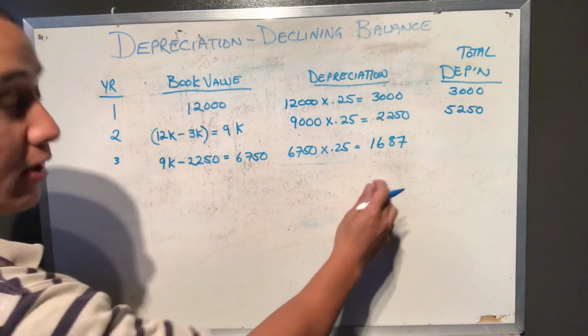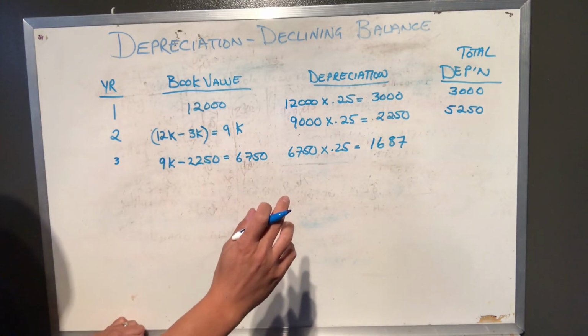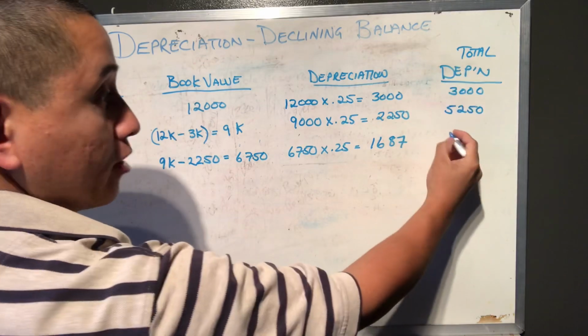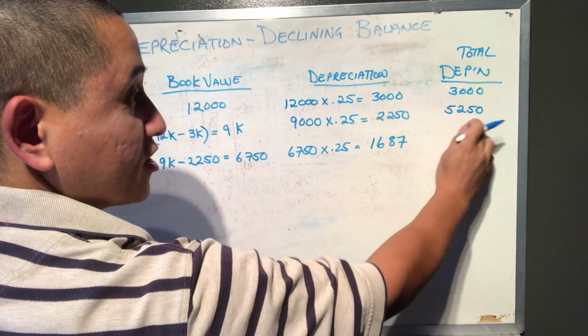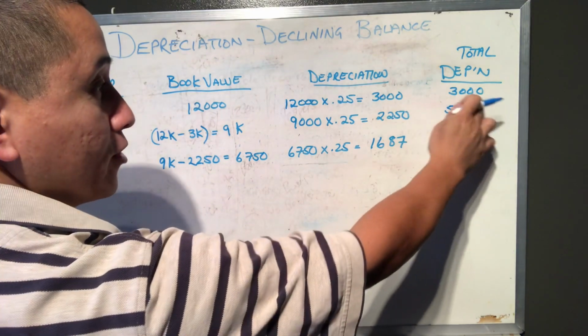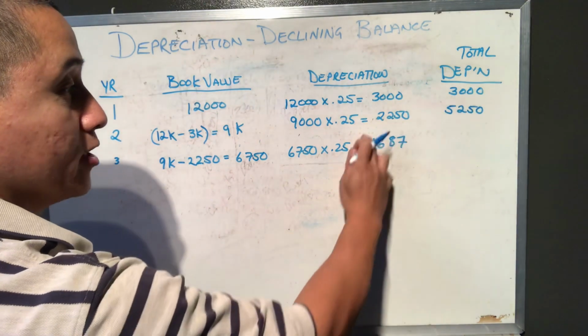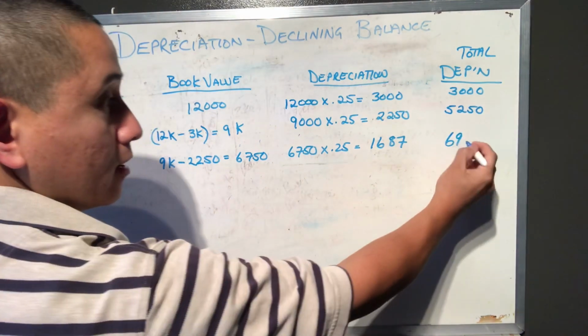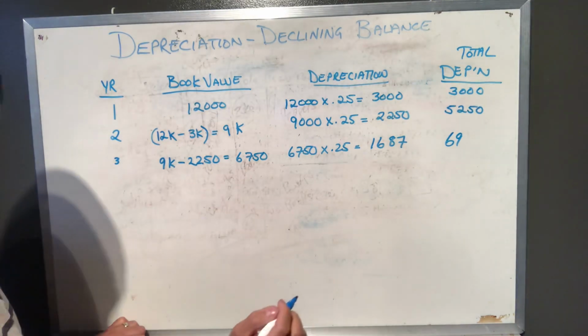So what is going to be our total depreciation? It will be the sum of the amount which was cumulative at the end of year 2, plus the new depreciation amount for year 3. So that would give us $6,937 total so far.